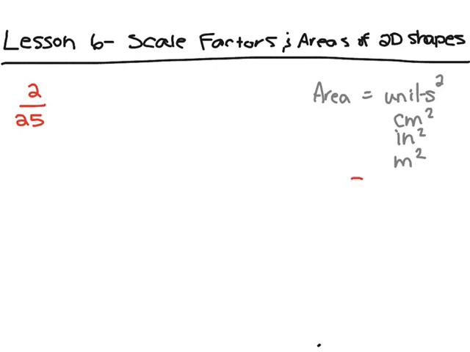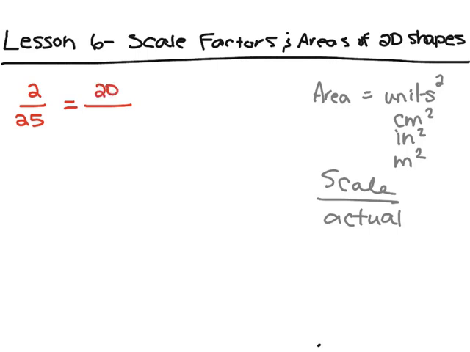We also remember that we always do scale over actual size. So we know that 20 centimeters squared is our area. As we have it right now, this is 2 centimeters to 25 centimeters.